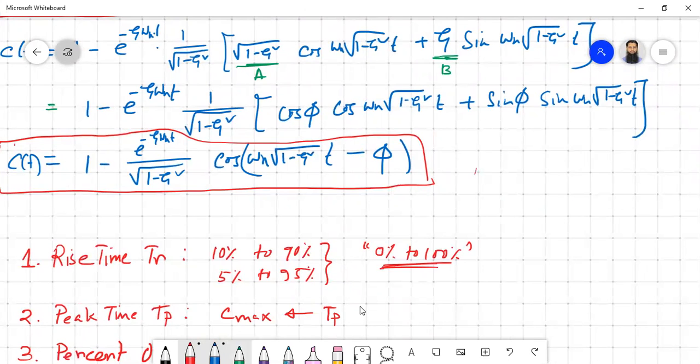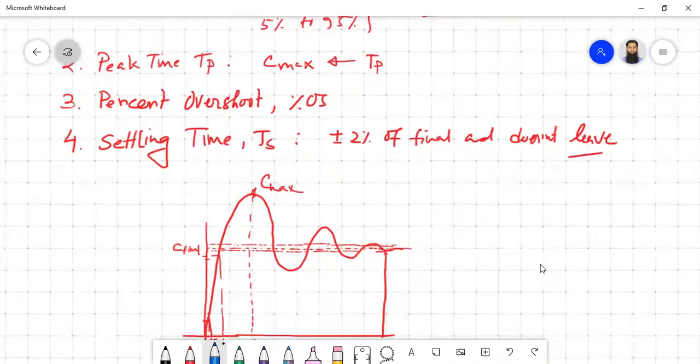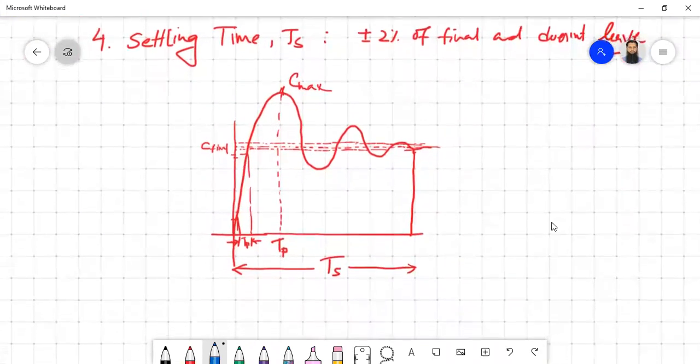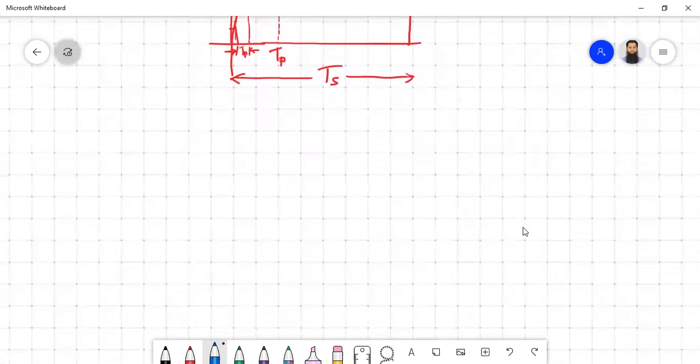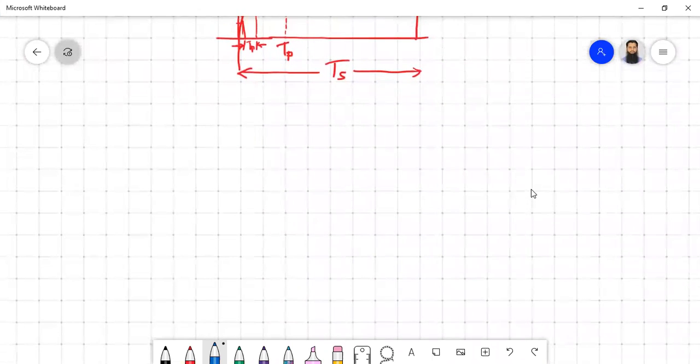Your phi is basically tan inverse of b by a, which is basically zeta over square root of 1 minus zeta square. In case you want to know how much phase shift there is, that is it. Now we have defined all the parameters, so let us try to evaluate them.